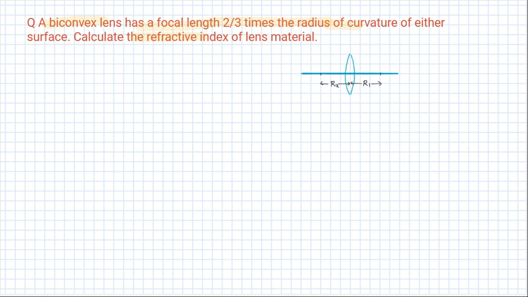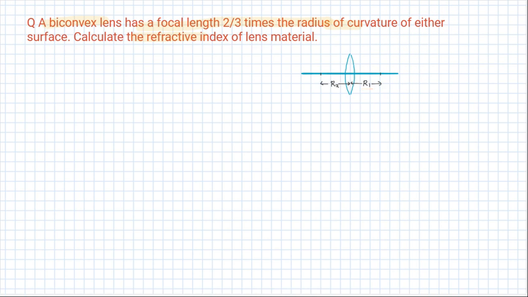Now if it is a biconvex lens, look here very carefully. For the first surface, this is your radius of curvature. In which direction is it measured? From left to right. And the incident light direction is also from left to right. In that case, R1 will be positive.